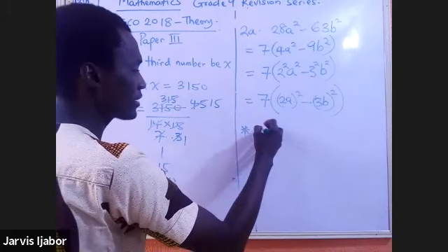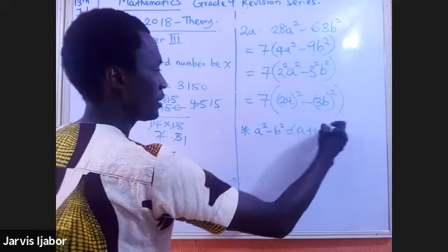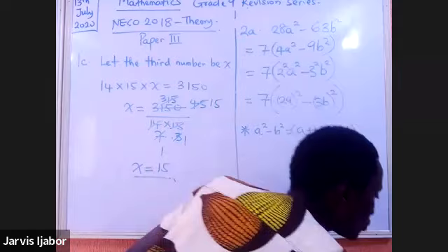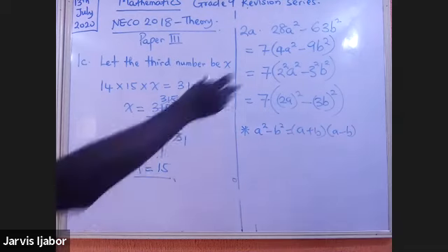Recall that a squared minus b squared is equal to (a plus b) into (a minus b). I remember telling you that it's something you ought not to forget, because that's just a simple idea needed in this question.